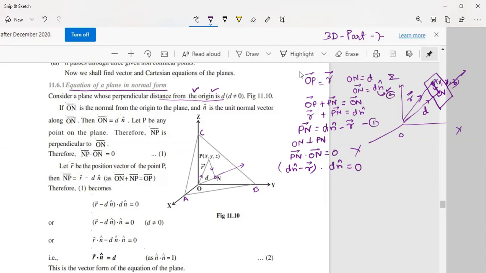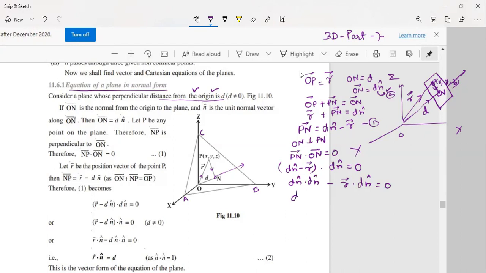Now multiply this d n inside: d n dot n cap minus r dot d n cap is equal to 0.